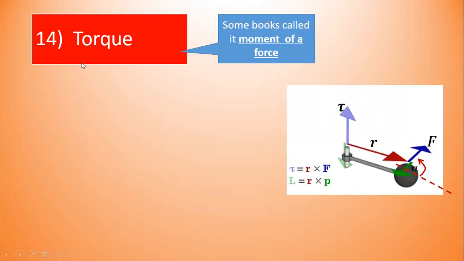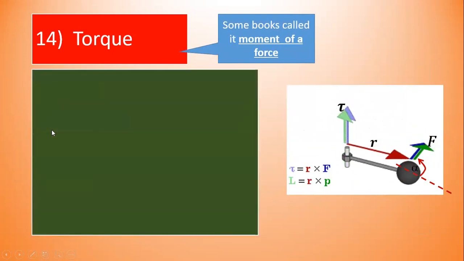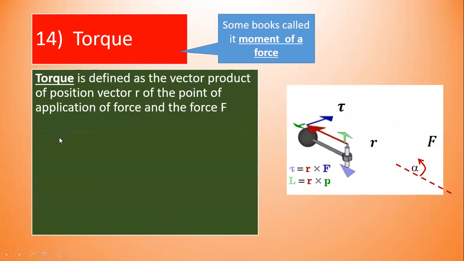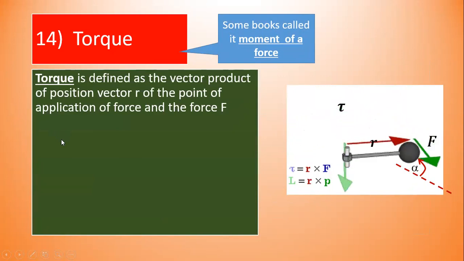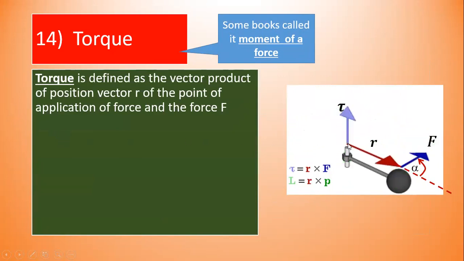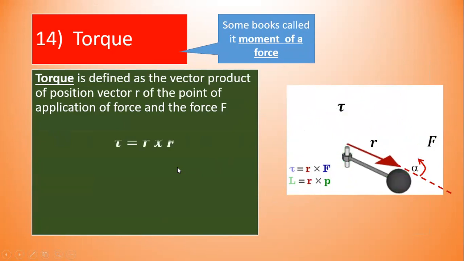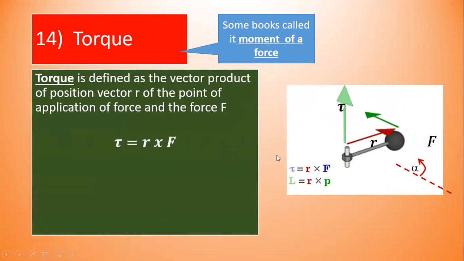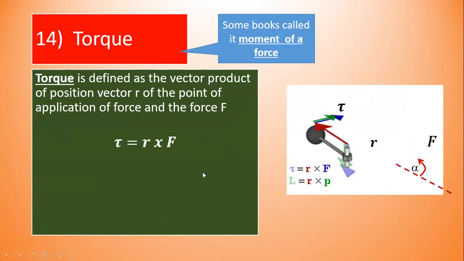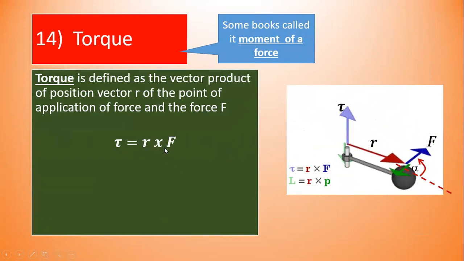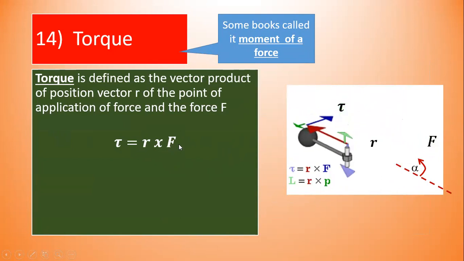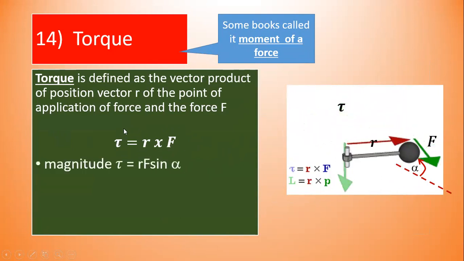So torque, which some groups call the moment of the force, is defined as the vector product of the position vector R and the force F. R is the position vector from the origin, the pivot, and F is the force. R cross F. Important: R comes first, then cross F, and all these are vectors.